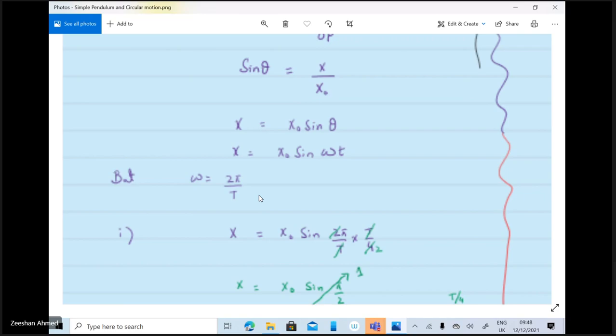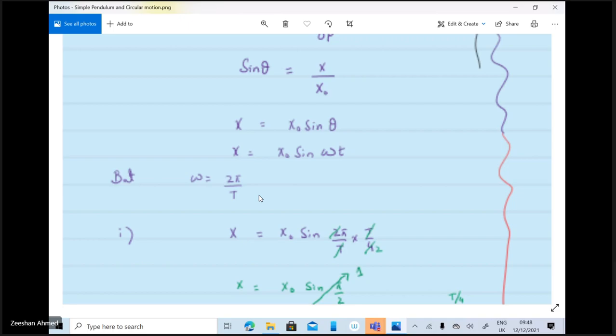So let me ask you, what is the displacement at t equals t by 4? In the first case, at t equals t by 4, let us check what the equation will make. x equals x naught sine 2 pi by t multiplied by, in place of small t I will write t by 4.